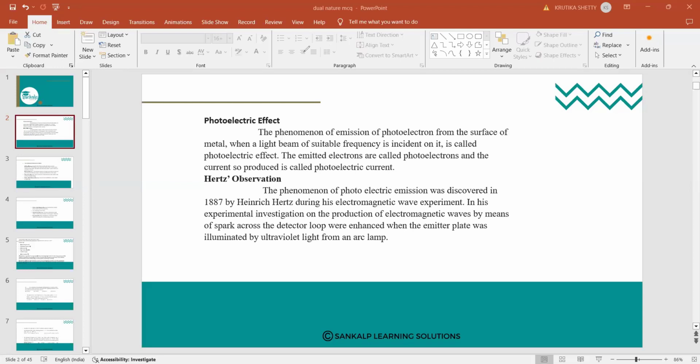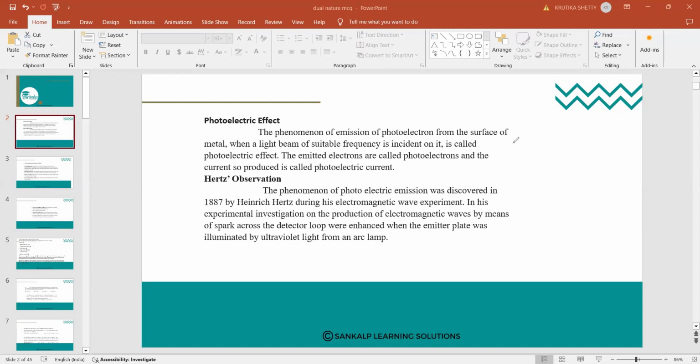Let us discuss that. So let us discuss the Hertz experiment.